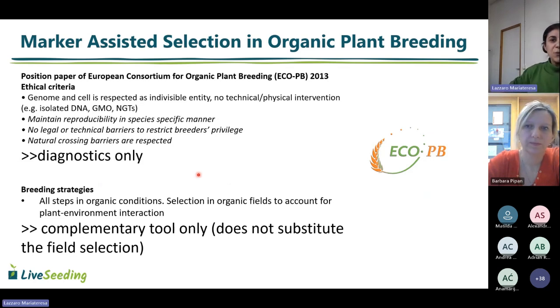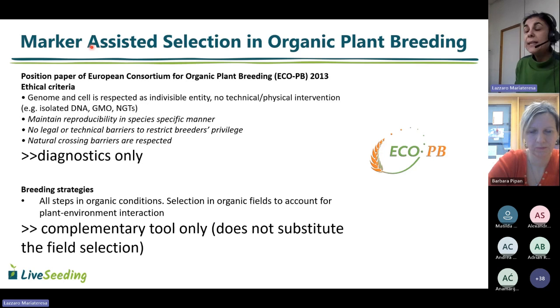For some of you who come maybe from the organic breeding perspective, you wonder if and how molecular breeding methodologies are used or accepted by the organic movement.